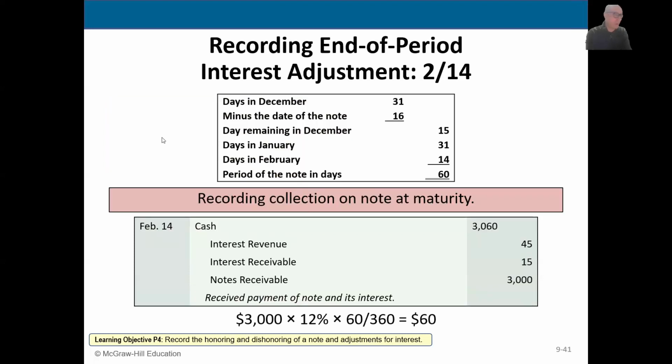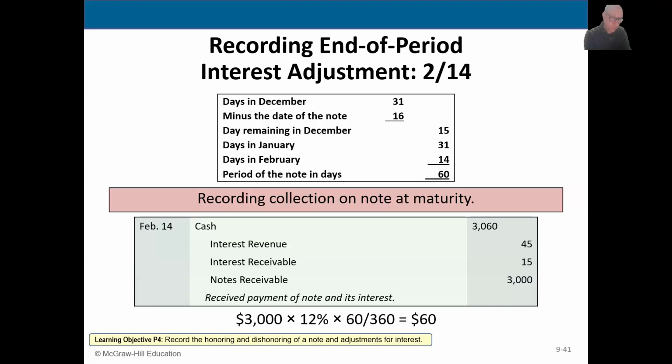Now, of course, at the end of the 60 days, which is on February 14th, I need to account for the rest of that interest. So I've already accounted for the 15 days of it. That's what you see in interest receivable. Now, what about the rest? We take the face value times the interest rate, 0.12, times the 60 days over 360, gets us to $60.